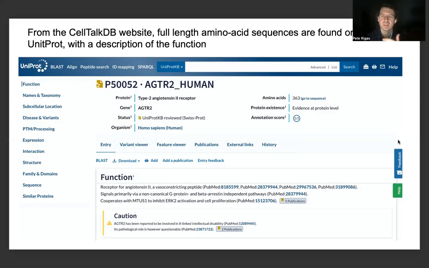In this particular case, from one compound that's deposited on the CellTalkDB website that was manually curated by the creators and the people who maintain the CellTalkDB website, they looked at this particular type of protein, which is a receptor, corresponding to the AGTR2 gene, and we can have the total length in amino acids, as well as some knowledge of the protein existence, which the UniProt database says is evidence at the protein level.